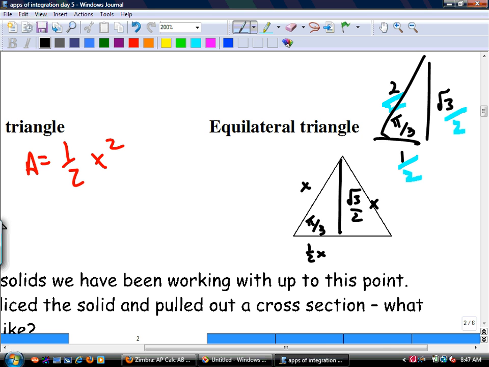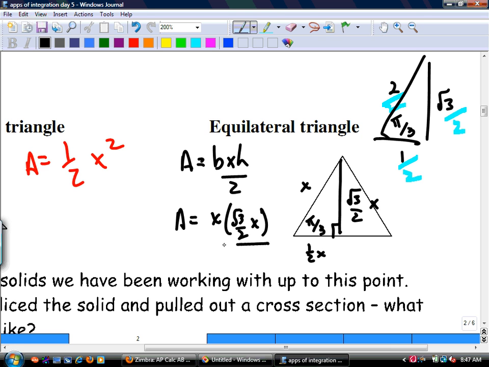So how do you find the area of that triangle? The height is root 3 over 2 x. So the area of the triangle is base times height divided by 2. Base is x. Height is root 3 over 2 x. And divided by 2. No, this whole triangle.